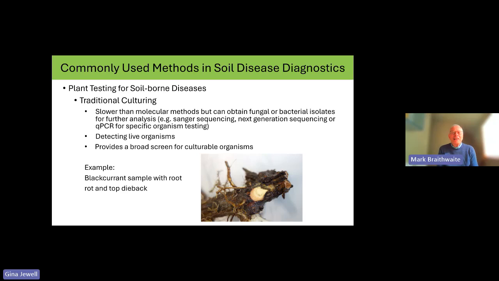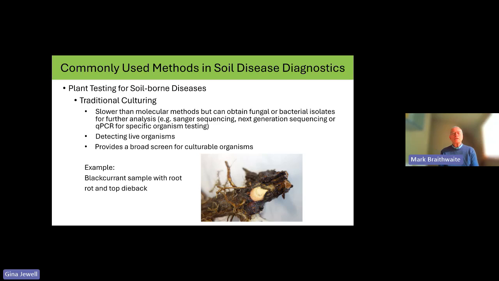Next slide, please. Right. So going back to methods again, I just wanted to briefly look at the traditional methods that we use. So culturing, it's a bit slower than other methods, like your DNA methods, but it does provide cultures of fungi and bacteria that you can then further analyse, like we did with the avocados, either by sequencing or next generation sequencing.